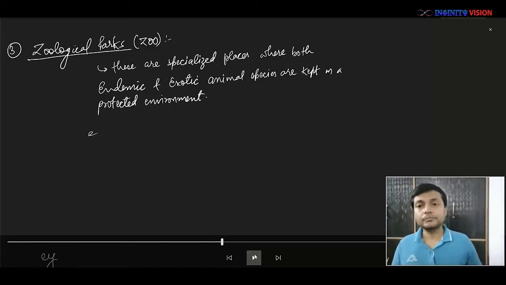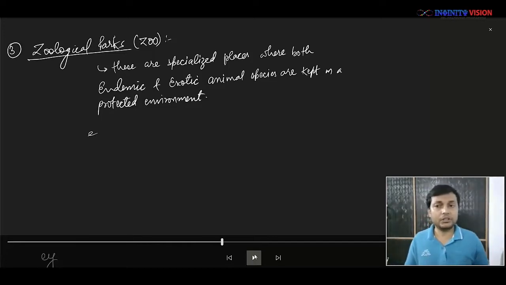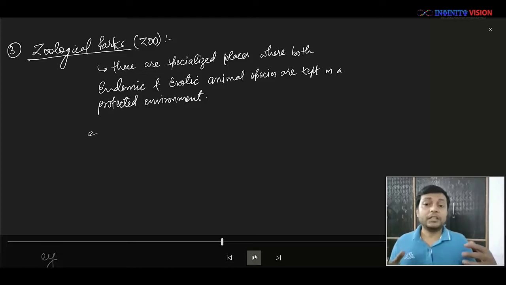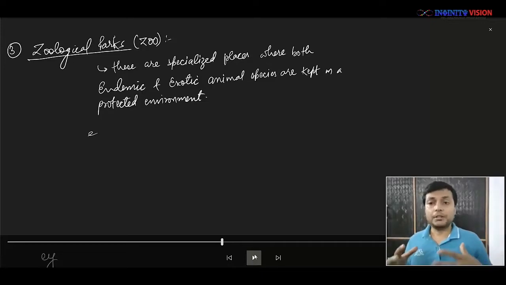Again, just like botanical gardens, the zoological parks are the places where both endemic and exotic living specimens are kept. Okay, so all these animals are in living condition. So zoological parks act as a taxonomical aid because you can go there and compare, or you can study a particular living animal specimen.